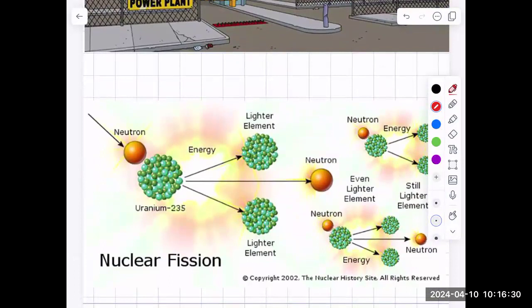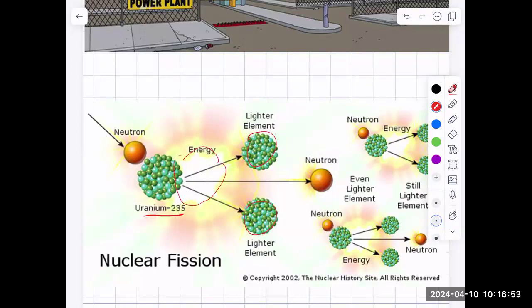They take uranium, which is an unstable isotope, uranium-235, you fire a neutron at it, and it causes that atom to split. It splits into two lighter elements and a bunch of energy. That energy is what's going to be used to heat the water.